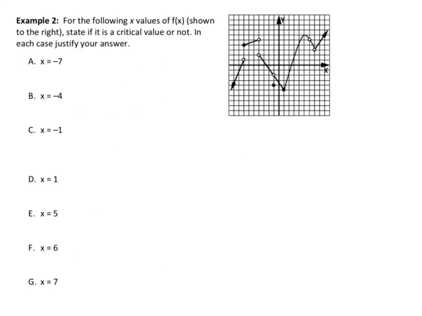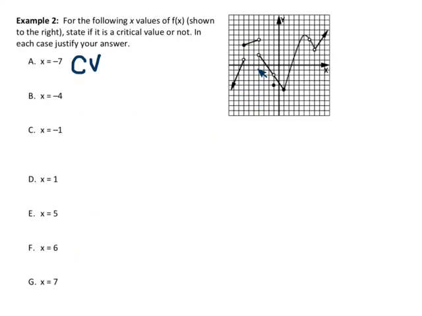At -7, the function is defined, and of course, because of this jump here, the derivative does not exist. So is this a critical value? Of course it is. Our justification is that it's defined, but the derivative doesn't exist because of this jump right there.